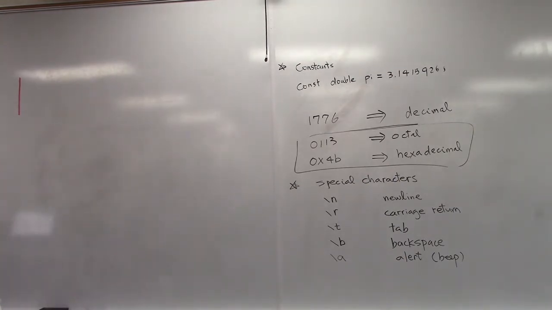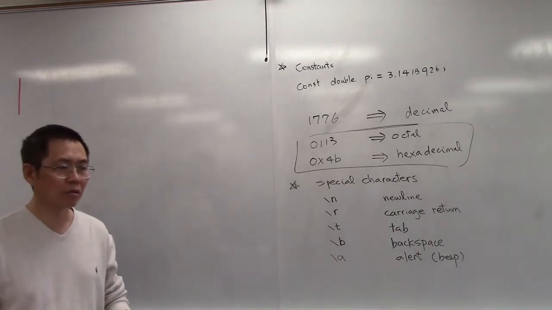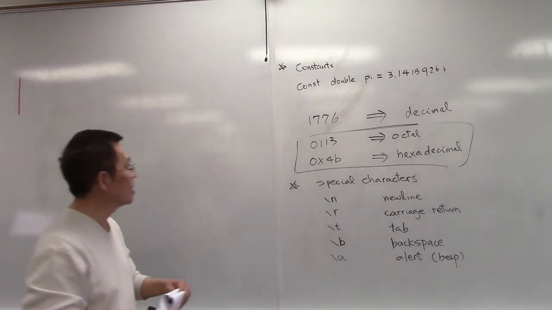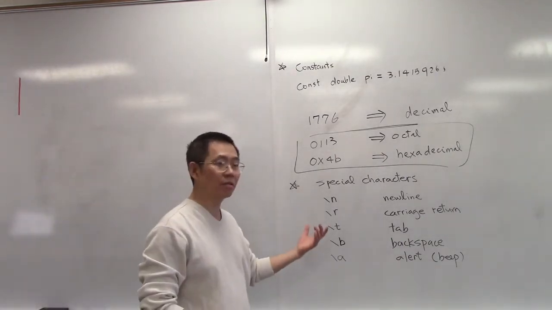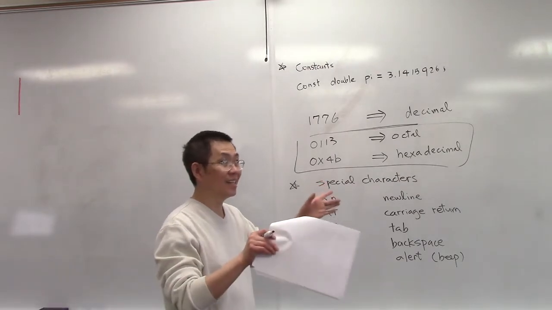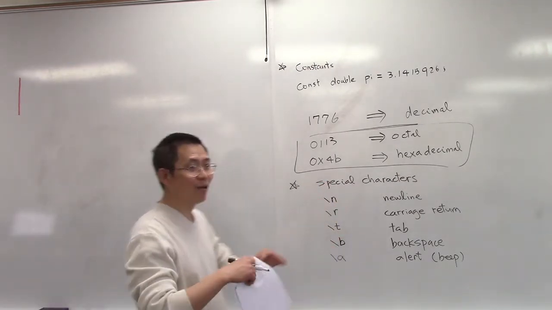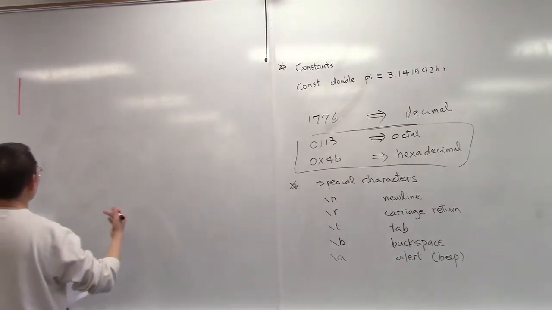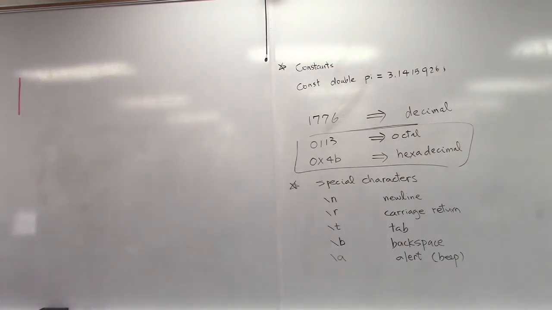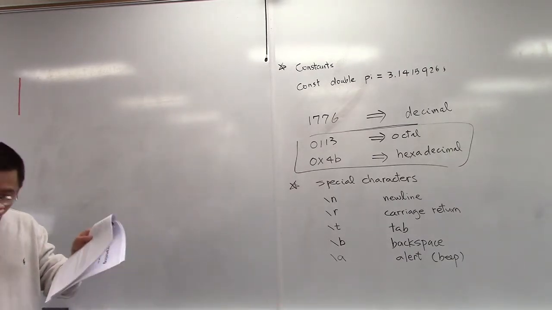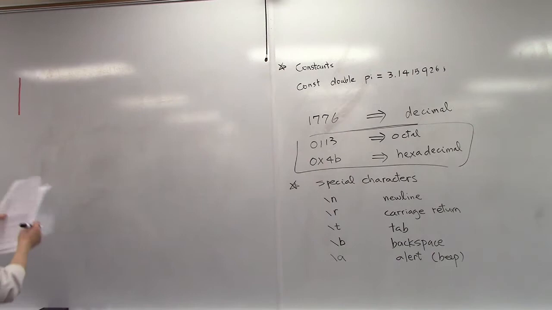Say you want to output a single quote or double quote, but because single quote and double quote are already used to designate a character type or a string type, right? How do you tell the program, no, I don't want the single quote and double quote to be used in that function, but as just a string or a character?